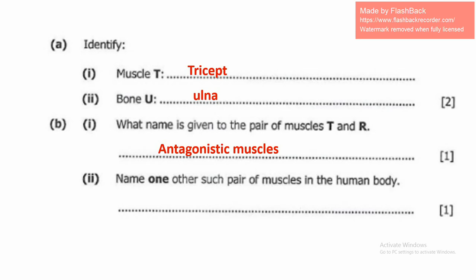It reads, question B, number 2, name one other such pair of muscles in the body which are antagonistic muscles. A very good example I can give you is the muscles of the eye. In the eye, we have two muscles which oppose each other during the process of the pupil iris reflex.